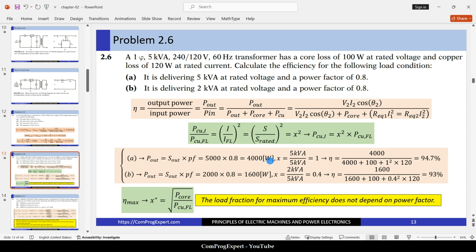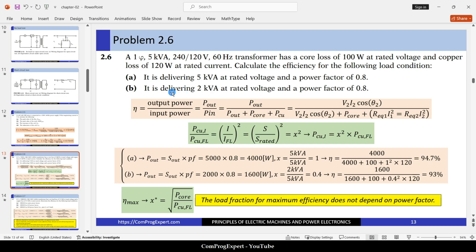Consider that here the unit of the core loss and copper loss is in watt, so you should use the same units when you calculate the efficiency using this equation. So finally, we will have 94.7%.